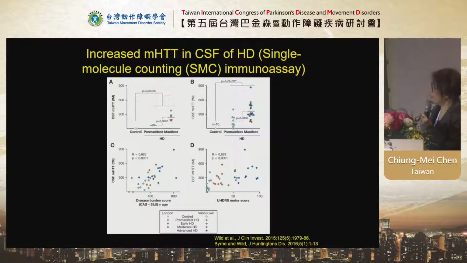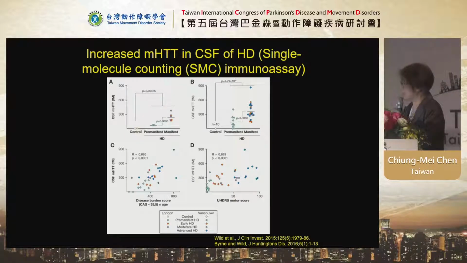Here you can see CSF mutant huntingtin is increased in pre-manifest HD, also in manifest HD group. And the CSF mutant huntingtin level correlated with disease burden score, also correlated with UHDRS motor score.